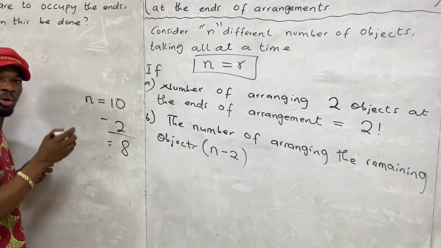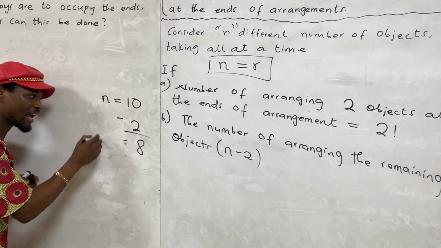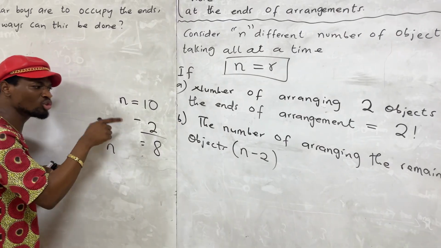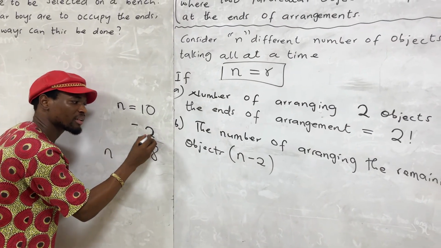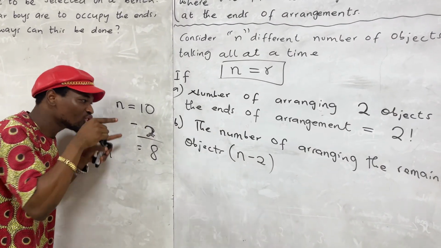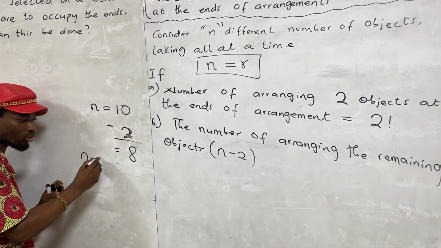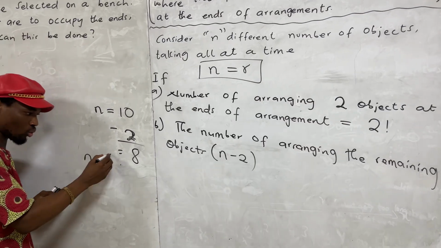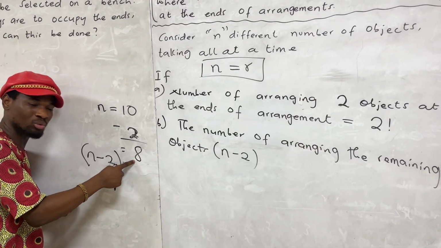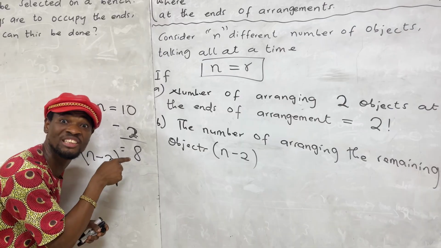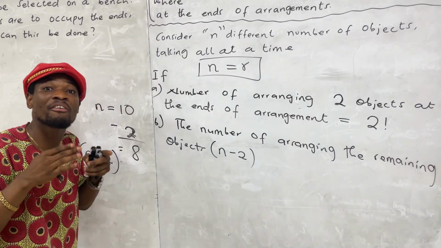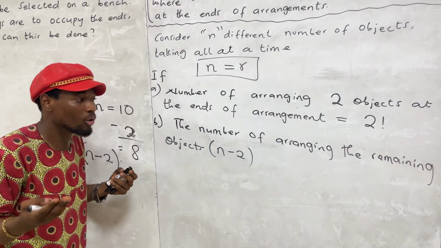So I have the n here, then you subtract the number of objects you want to position at the ends, so I have minus 2. Why are we doing this? We are doing this so that we can get the remainder, which is the 8. But here we're not giving real values; we have an unknown.